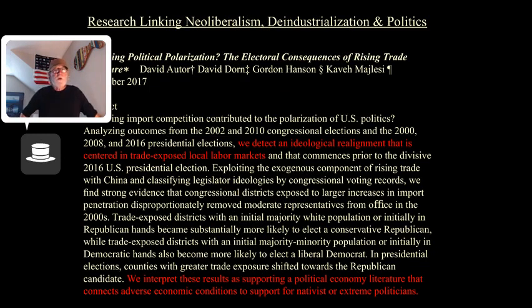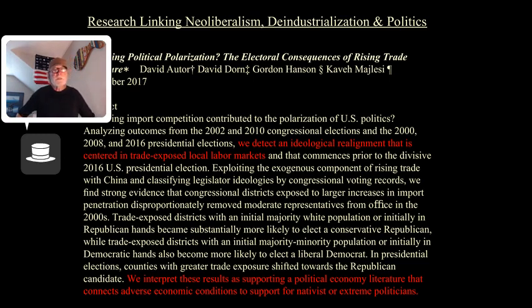This is an article, and I just put this out there because it tends to show the relationship between those areas of the country that actually lost manufacturing jobs and the extent to which that tended to play favorably into the hands of Donald Trump. And you can read this. You can actually go to the article. It's very interesting.